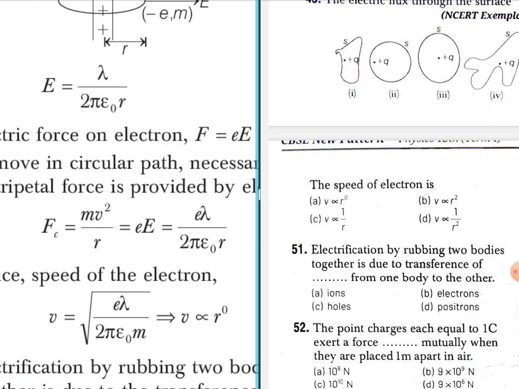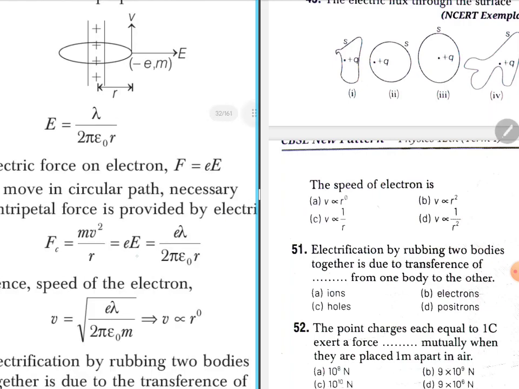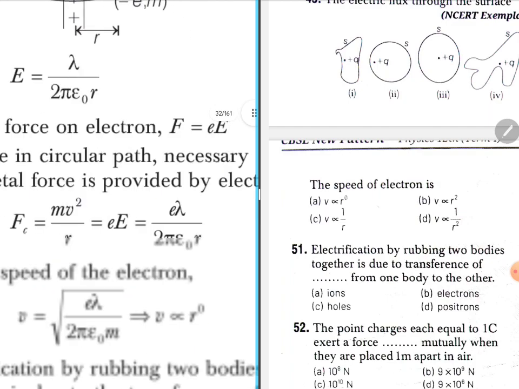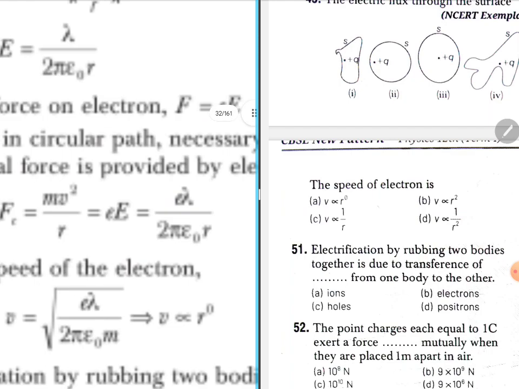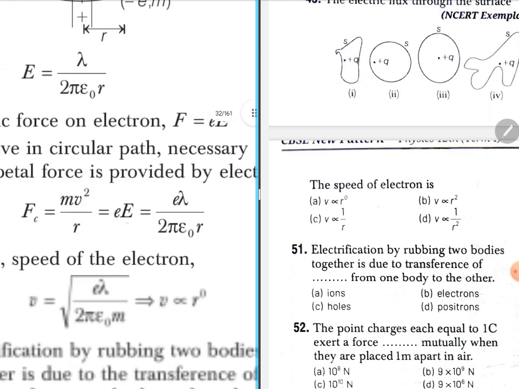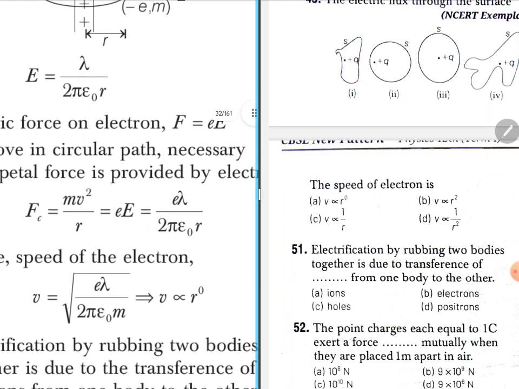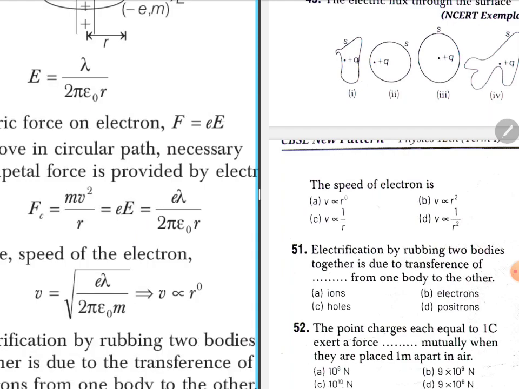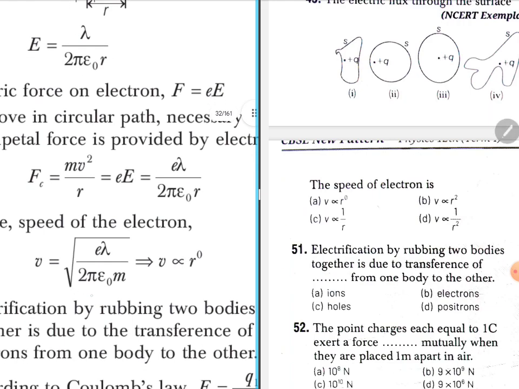Two forces can be equated. Here you're equating centripetal force with capital E into small e. The whole lesson is that you try to figure out which force can be equated to F, since E is equal to F by Q, F is equal to E into Q. So here centripetal force is involved. Equating both of these, and E for the electric field due to a line charge is given by the formula here. Just substitute and find the value for v, and you know that v is independent of r.